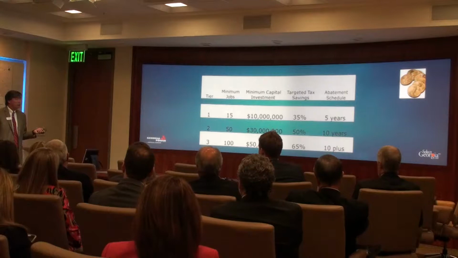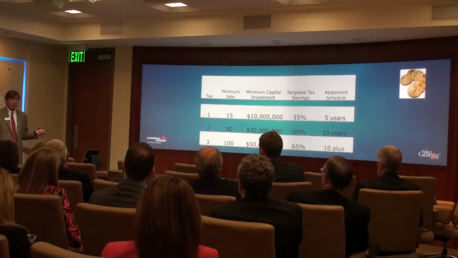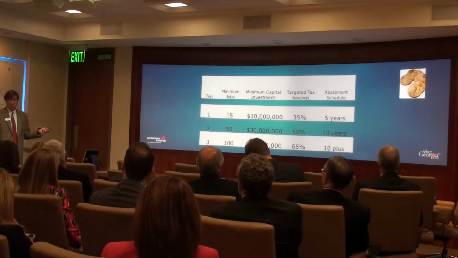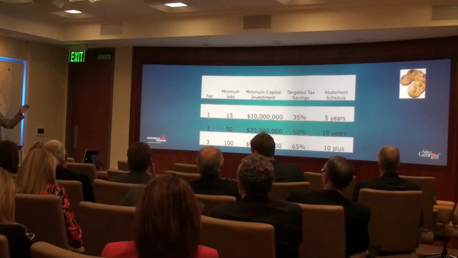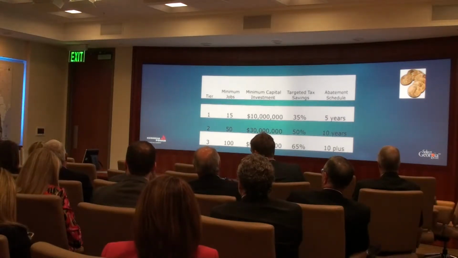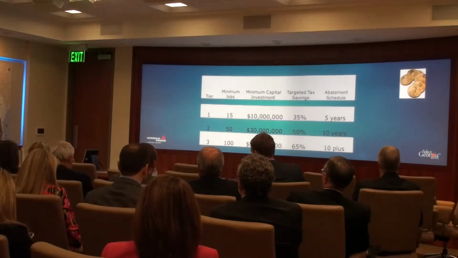But if they create 15 or more jobs and they're paying 150% of the average manufacturing wage, you either lengthen the schedule or increase the amount of savings. In other words, 15 is still a threshold. You still have to be at 15 jobs minimum, but you can tie your savings or the length of your schedule to the average wage rates.